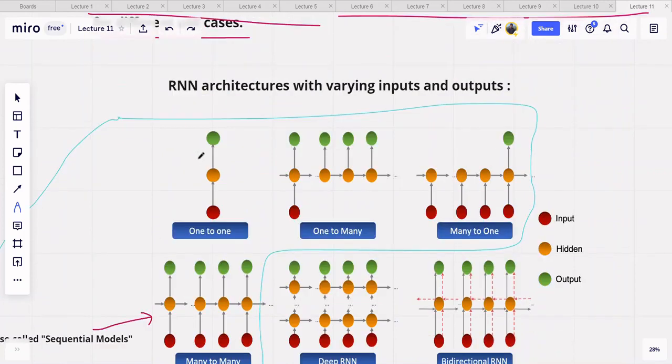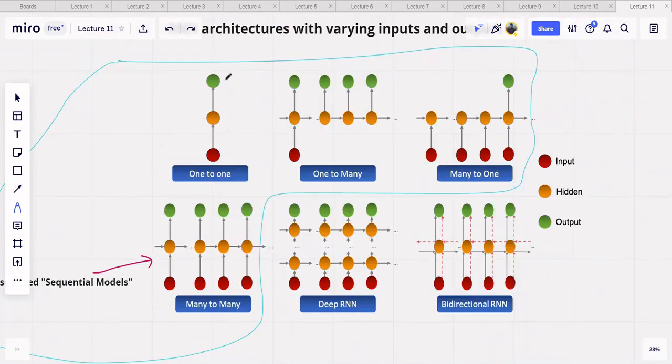So depending upon the input and the output, we have multiple types of architectures. We may have one to one, wherein we have only one output and one input, or we may have one to many, where we have one input and we want multiple outputs. Then we have many to one, where we take multiple inputs and we have only one output.